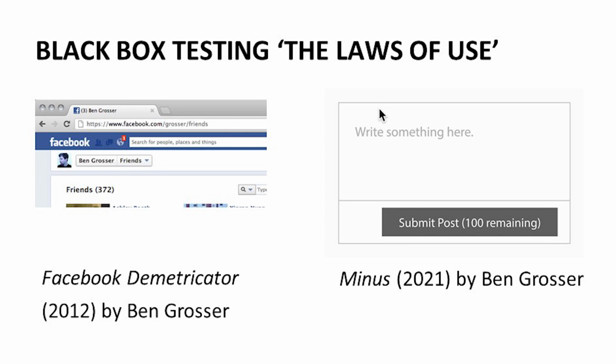More recently, he also created a whole new social media platform called Minus that counts down rather than counts up. So users only have 100 posts, and the interface clearly exposes this property of sort of a reversed quantification. I think Grosser's black box testing seems to expose the logic of what we might call a law of use.